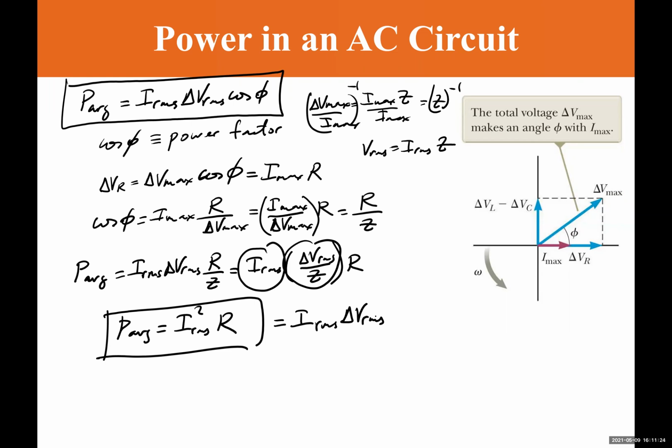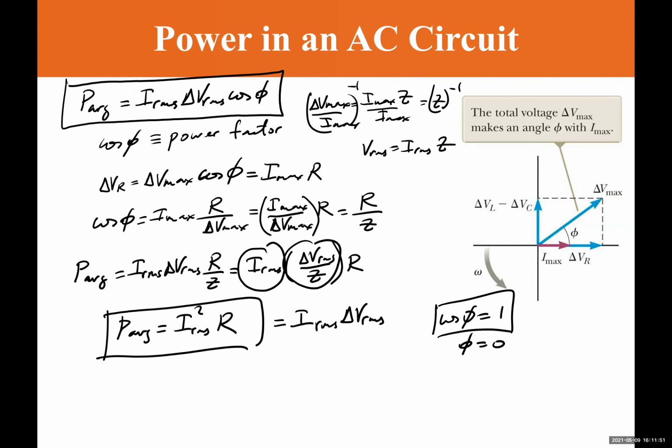In this case, if the power factor equals 1, this basically gives you the most efficient circuit. So when cosine of phi equals 1, unity, then you basically get the most out of your circuit, right? So in this case, let's say phi equals 0, which means that cosine of phi equals 1.